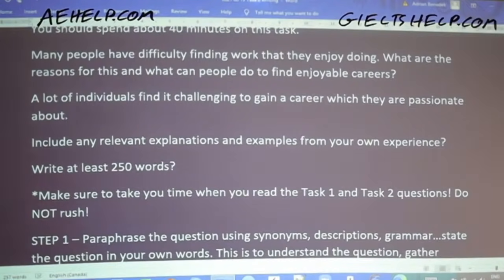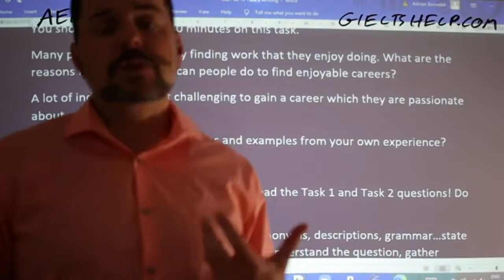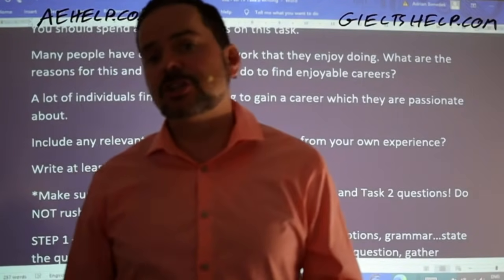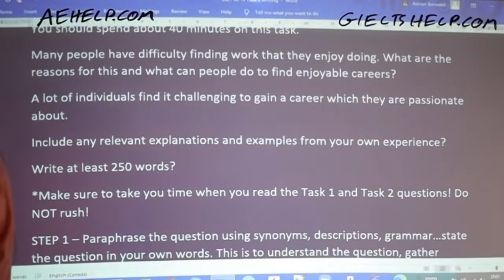Generally speaking, when a person is passionate about doing an action or an activity, such as work, you're also having fun doing it. If you're passionate about a sport, it's because you enjoy doing it. So those are pretty close. So a lot of individuals find it challenging to gain a career which they are passionate about doing.